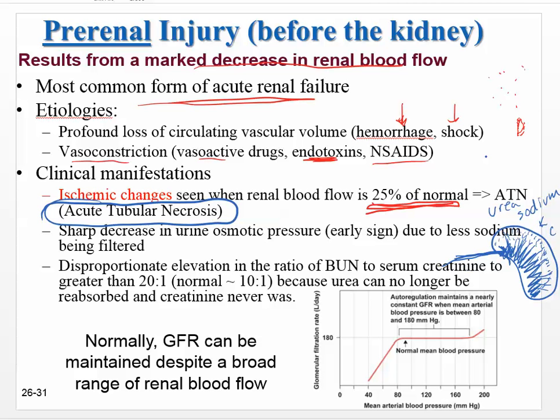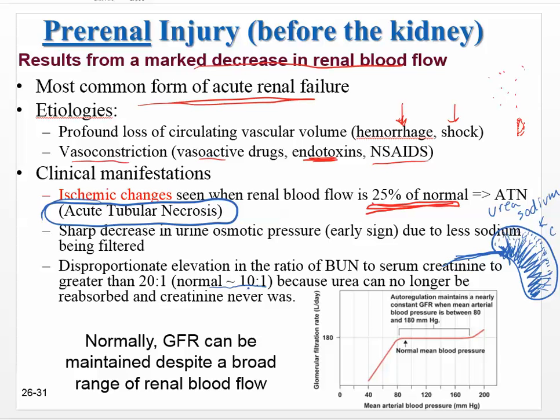So you start to see the blood levels of urea increasing in the blood compared to the creatinine. Urea that would be disposed of is now staying in the blood, and so you see that kind of creep up.